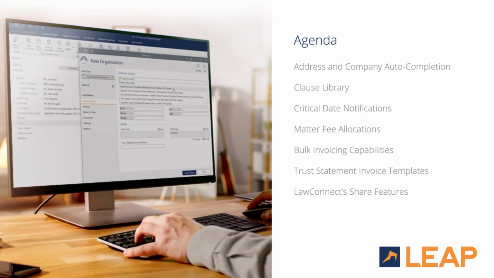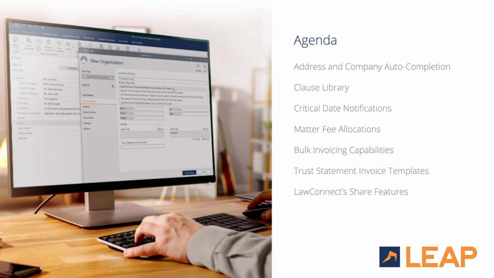The new features we will cover today include auto-completion of addresses and companies using our new Google integration, a review of the new clause library, making drafting your letters, agreements, and other documents quick and easy. Our new critical date prompts will keep you on top of important dates for your matter.